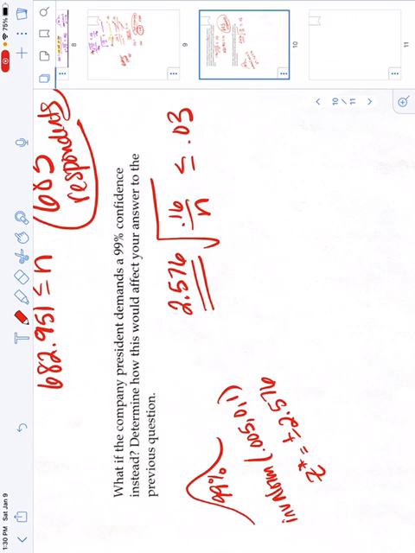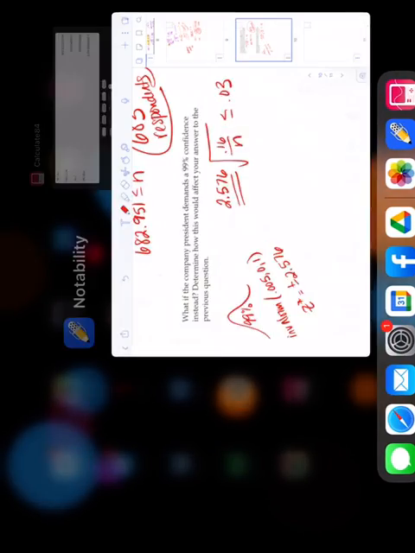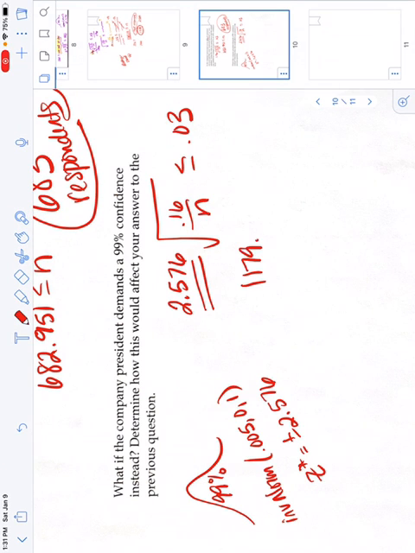So hit pause, type this in, and get your new N. 0.03 divided by 2.576, square it, and then 0.16 divided by answer, 1179.694, so 1180.